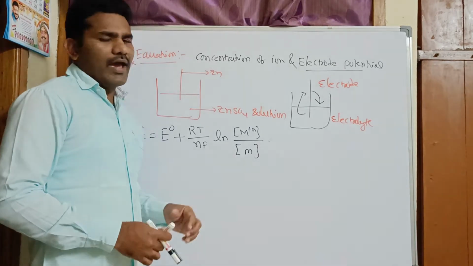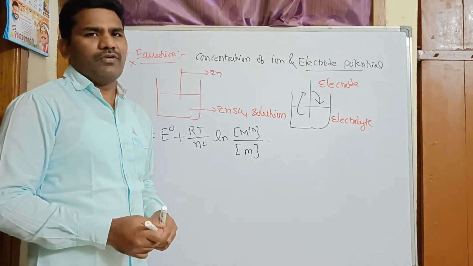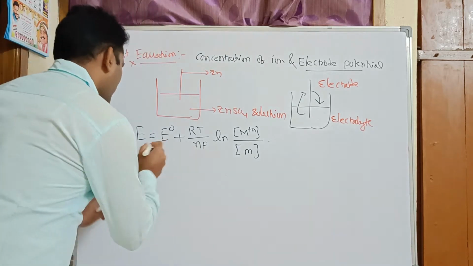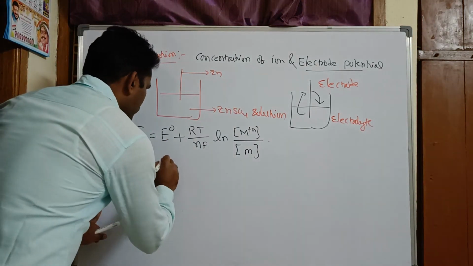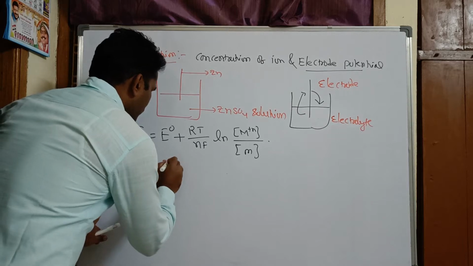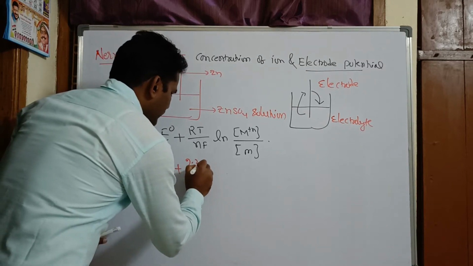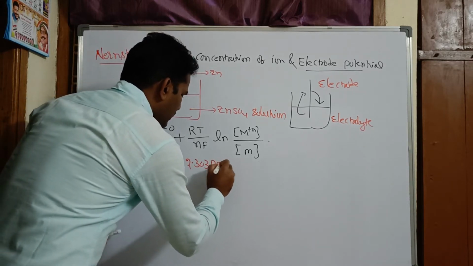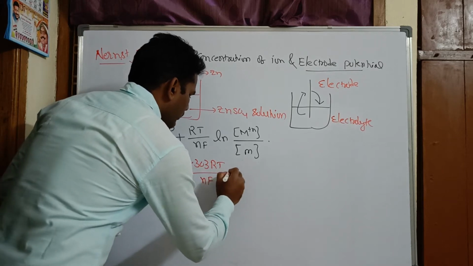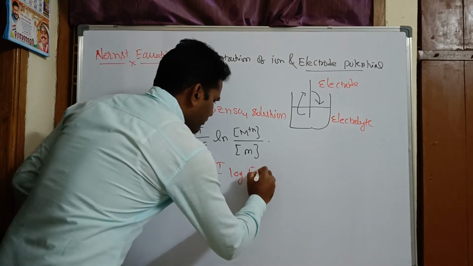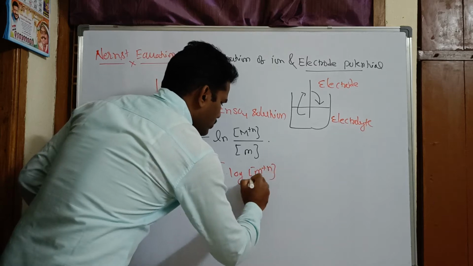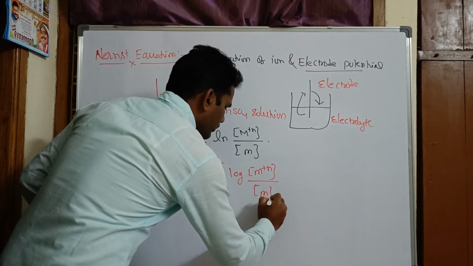Instead of ln, I can rewrite this equation in the form of log. So the equation becomes E = E naught + (2.303 RT/nF) log [M^n+]/[M].